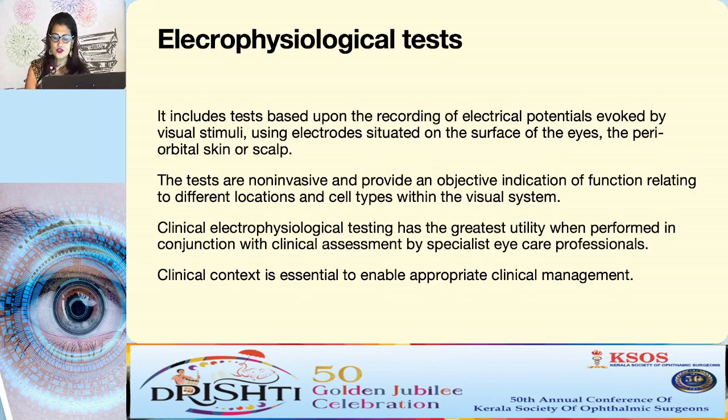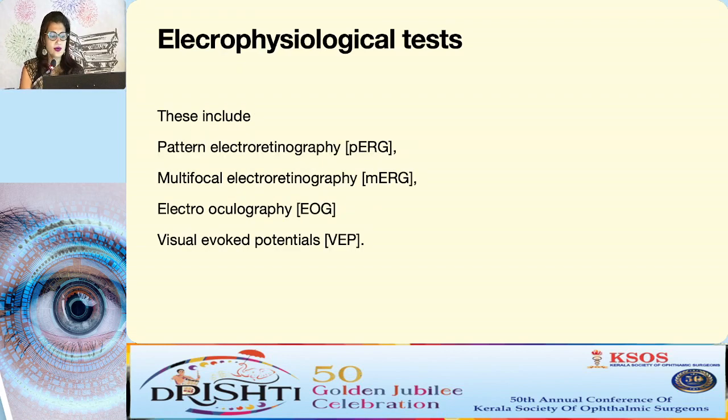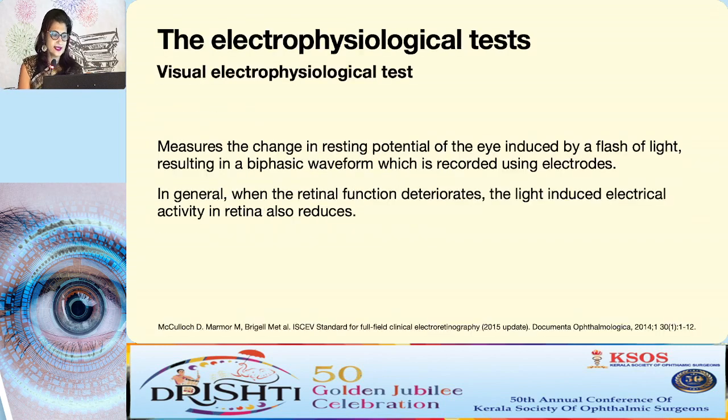It is of greatest utility when you also have a clinical scenario. The ones we are going to touch upon today are the pattern ERG, multifocal ERG, EOG, and visual evoked potentials, but the visual evoked potential is most important in neuroophthalmology, so we'll be dealing with that in detail.